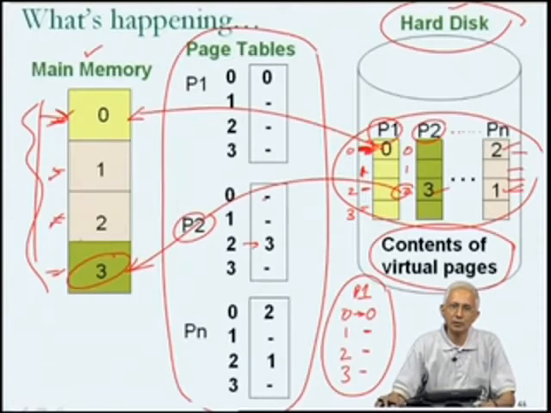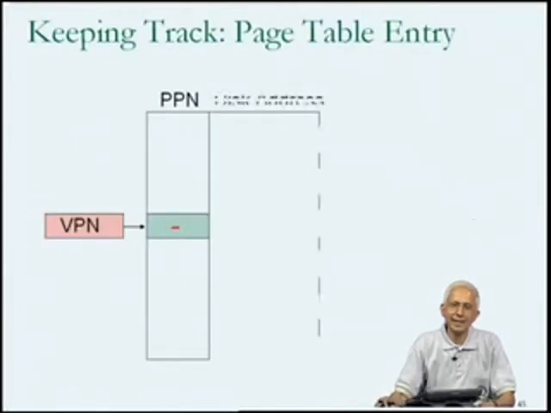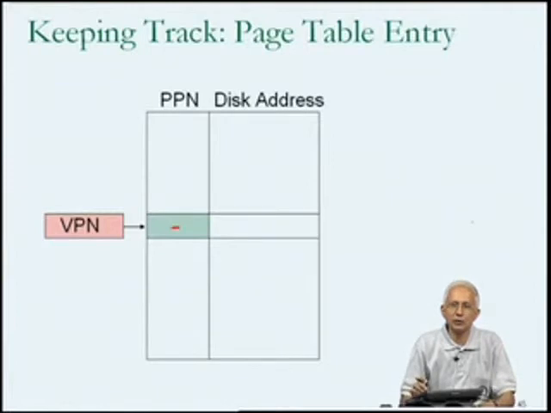Just note, we have been assuming that copies of all the virtual pages are present on the disk. Since there are going to be thousands or millions of such virtual pages present on the disk, we will have to know the address of each of them in order to read it out of the disk as and when it is needed. Which is why I add a field into each page table entry, which I will refer to as the disk address.